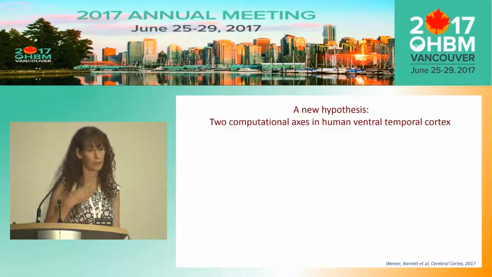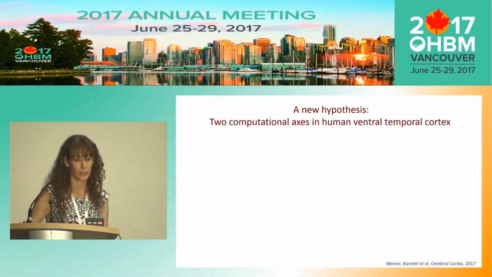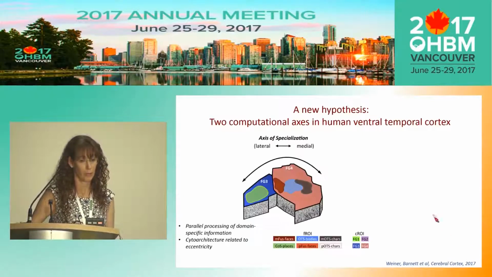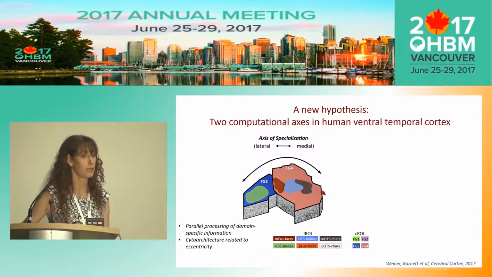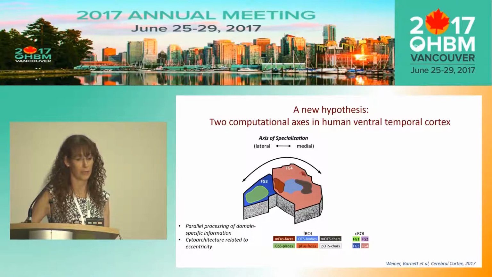So to end, I would like to propose a new hypothesis that there might be two computational axes in the human ventral temporal cortex. One is a lateral medial axis that we call the axis of specialization because it enables processing of information from different domains as segregated cortical regions, which can be done either in different cytoarchitectonic areas like FG4 and FG3 for faces and places, or within the same cytoarchitectonic region, for example, faces, words, and bodies.